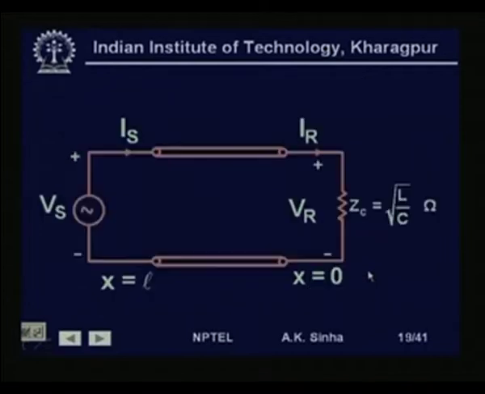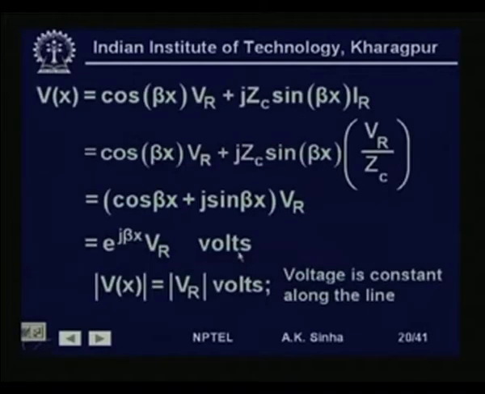Now, if we terminate this transmission line into an impedance Zc. Here this figure is showing you a single phase transmission line. We can consider it also as a single phase to neutral for this transmission line.